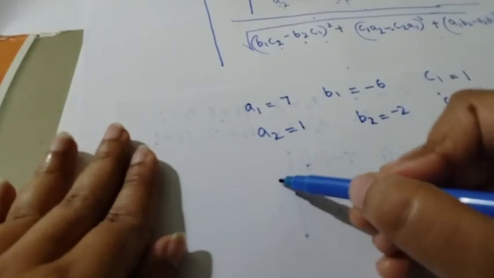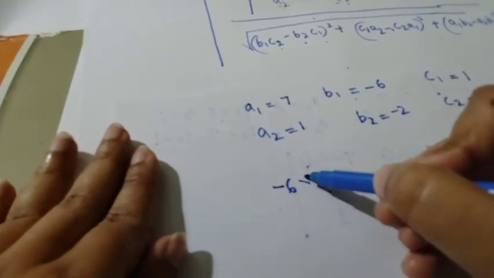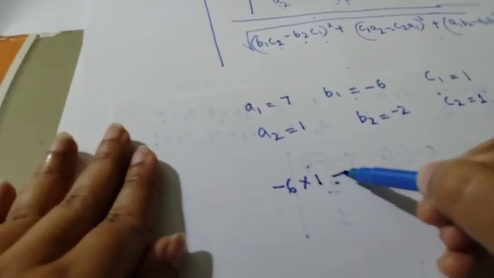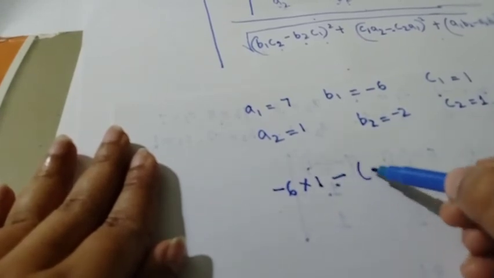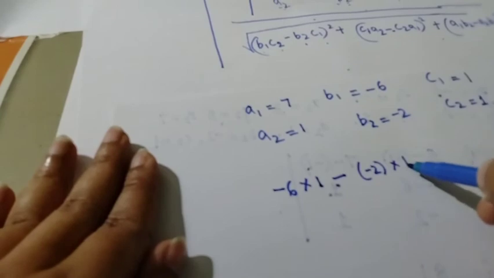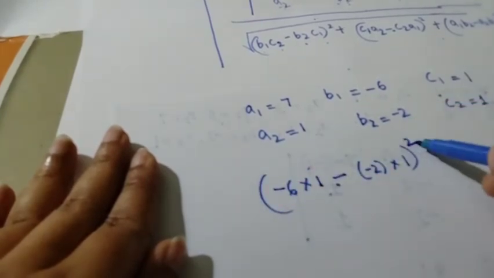b1 c2, b1 is minus 6 into c2 is 1, minus b2 c1, minus 2 into c1 value is 1, whole square.